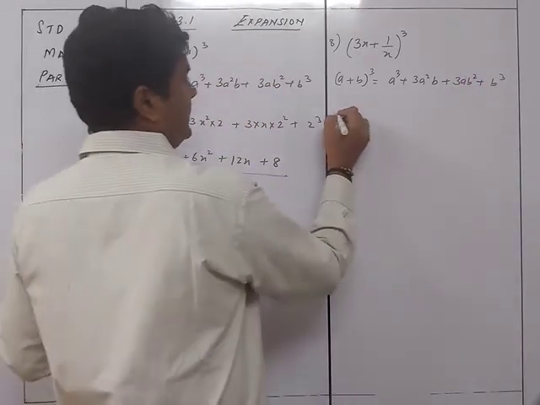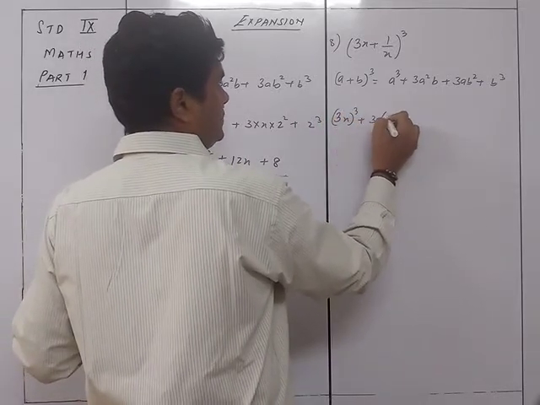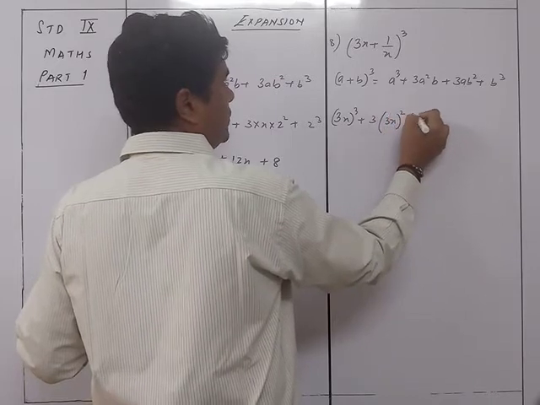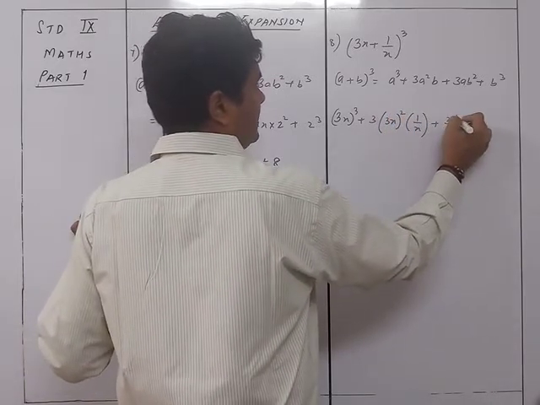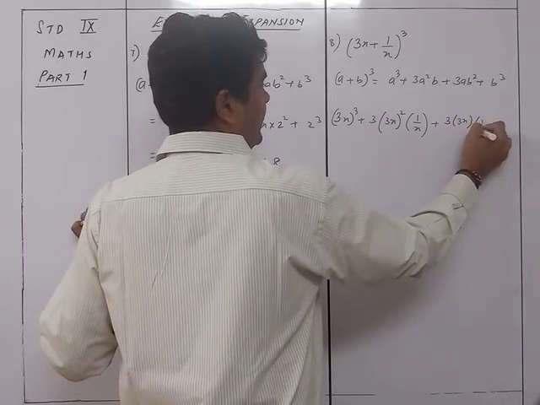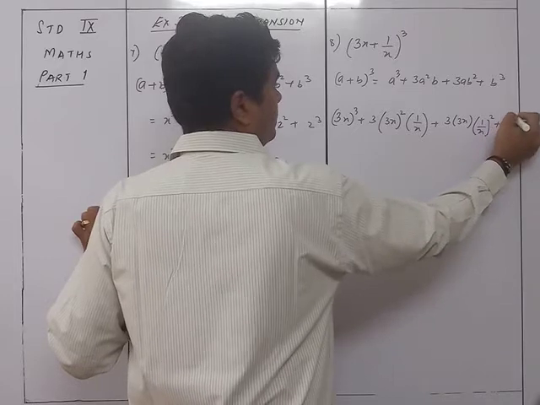So that will be 3x the whole cube plus 3 into 3x the whole square into 1 upon x plus 3 into 3x into 1 upon x the whole square plus 1 upon x the whole cube.